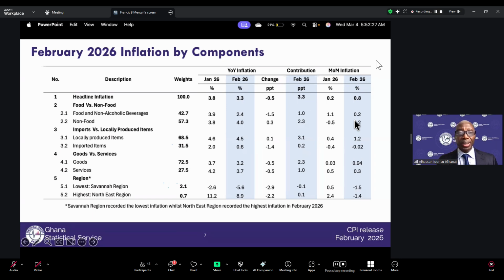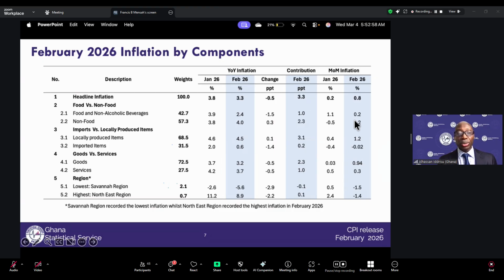It is a result of the actions of economic players, market conditions, and demand and supply conditions. So you can look at it from the viewpoint of macroeconomic management, real sector performance, global developments, and then base effect. All of these work together to tell you what your inflation rates are.